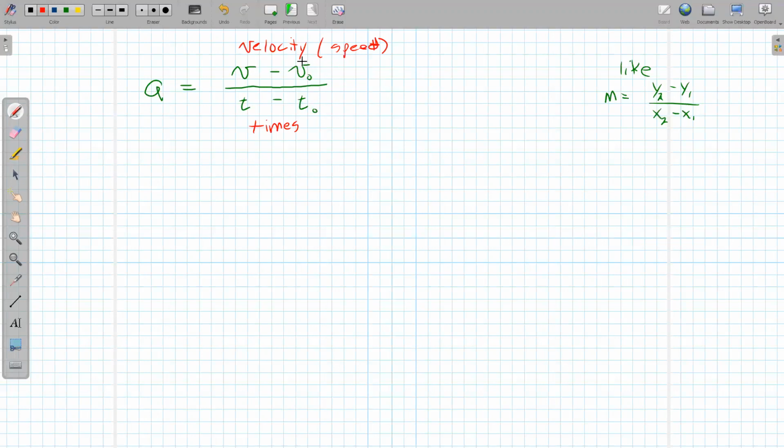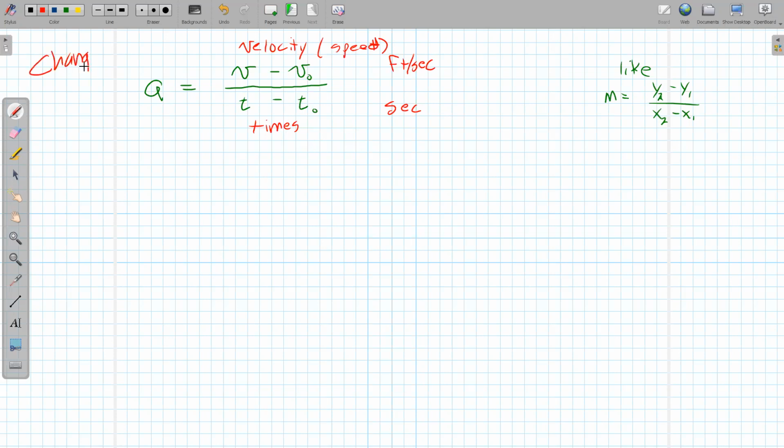So it could be these velocities up here are going to be measured in feet per second. And the times in the bottom are going to be measured in seconds. And when I take velocity over time, that is a change in speed is what I'm calculating here.